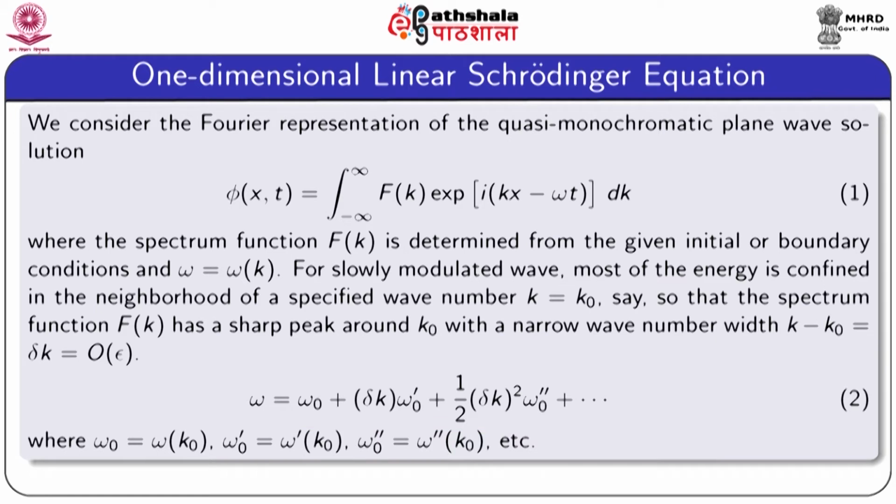So, here omega 0 is equal to omega at k0, omega 0 dash equals d omega dk at k equals k0, and omega 0 double dash represents d2 omega dk square at k equals k0.